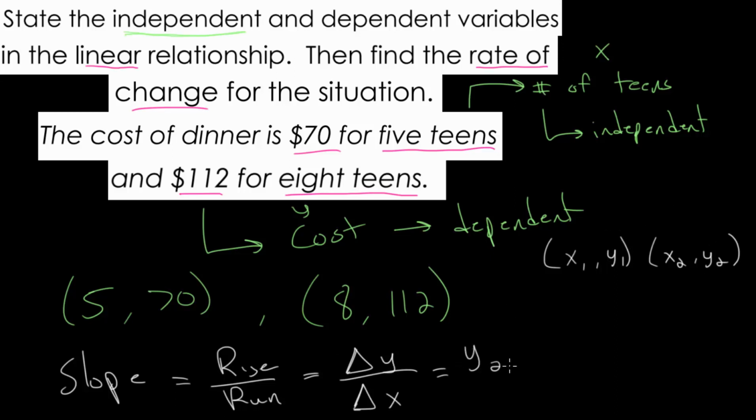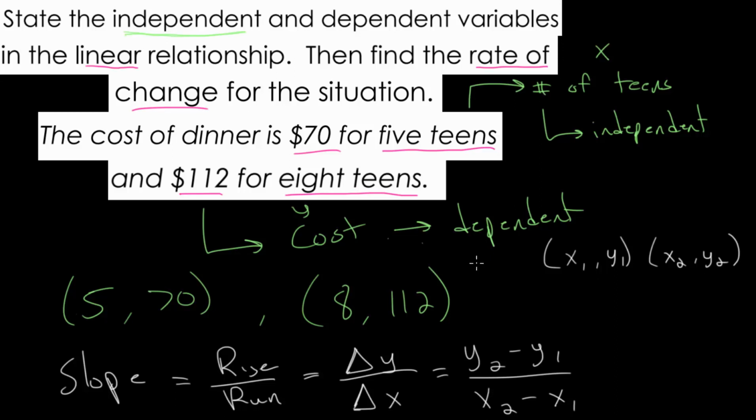We can do y2 minus y1, or we could write it the other way, y1 minus y2. It doesn't matter. But if we do y2 first in the numerator, then we have to do x2 first in the denominator. If we did y1 first, then we would do x1 first.